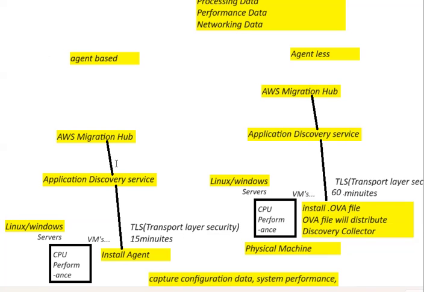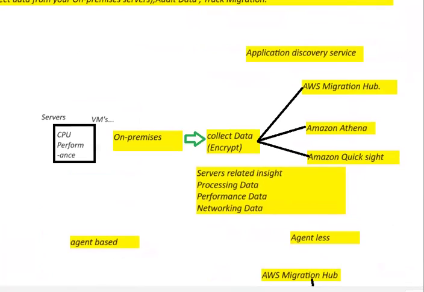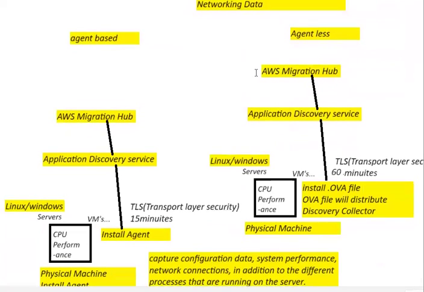In agent based, the agent will transfer data every 15 minutes, whereas this agentless discovery collector will send the data in TLS every 60 minutes. So this is how your data will be collected through this application discovery service by using agent based and agentless.